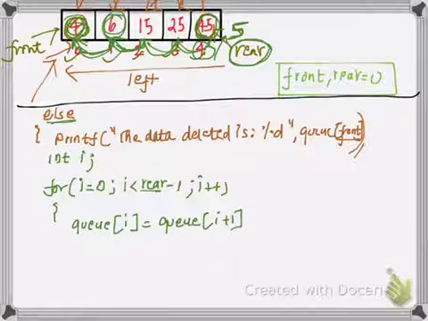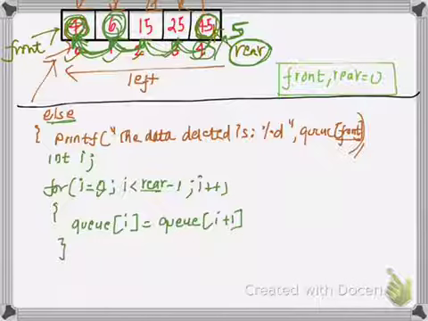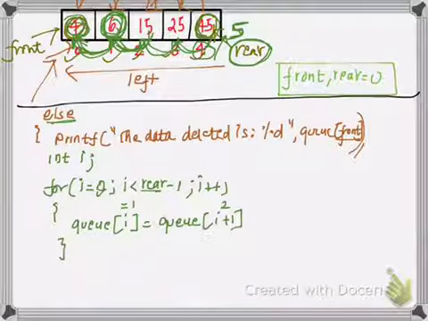So 6 will be assigned to the position where 4 was initially when i equals 0. In our second iteration, when i is equal to 1, in place of Q of 1, I mean in place of 6, Q of i plus 1, which is 1 plus 1, 2, Q of 2 will be assigned, which is 15. So in place of 6, 15 will be assigned, and so on.